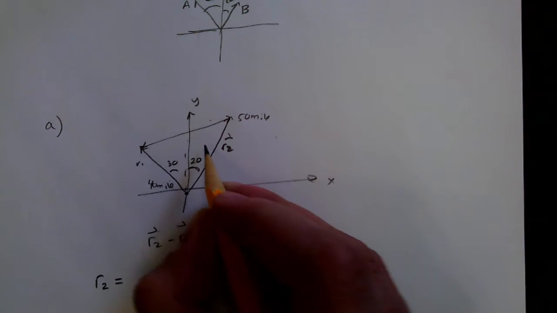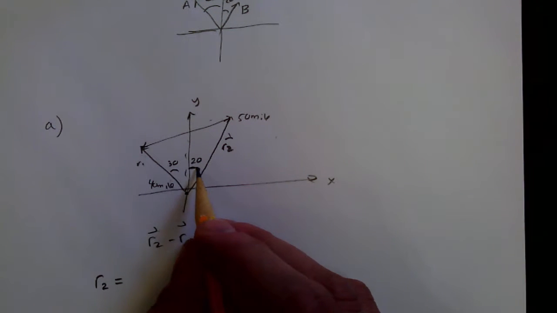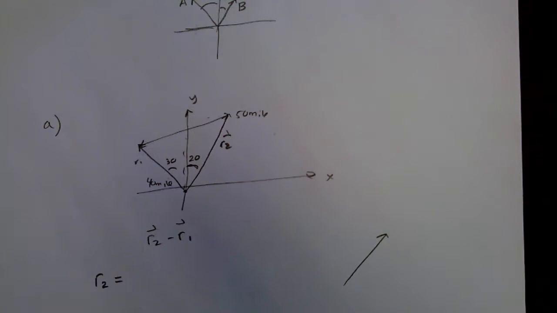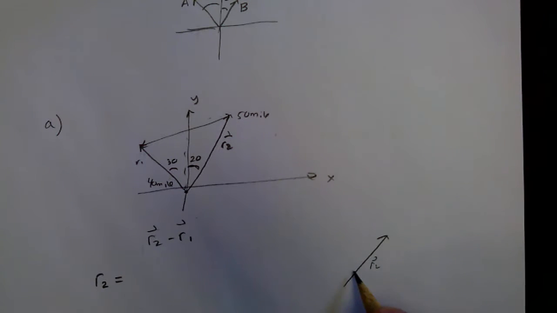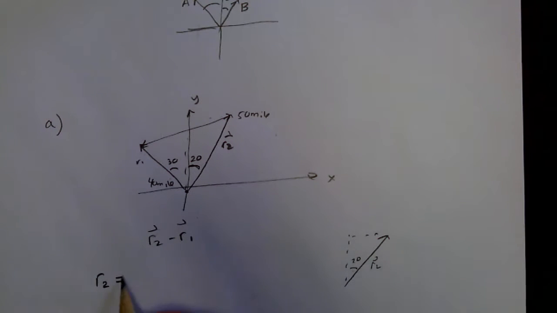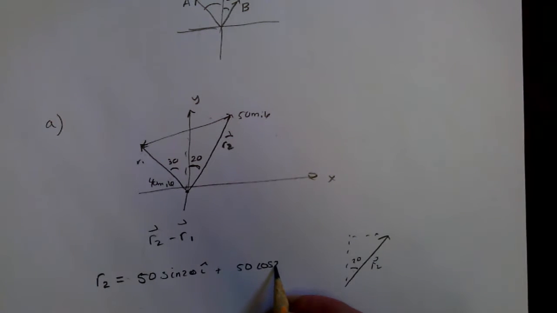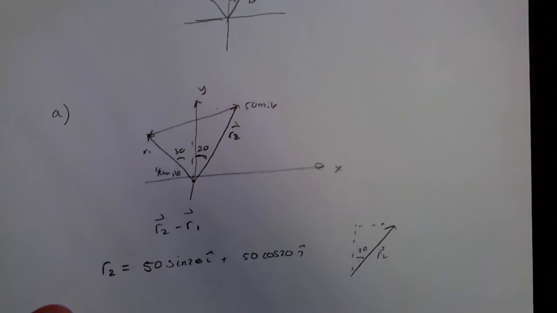If I draw R2 here, this is 20 degrees. The X component is the opposite side to the angle. So the X component of R2 will be 50, the hypotenuse, times sine of 20 in the I hat direction. And then in the J direction it is plus 50 cosine of 20, J hat direction.